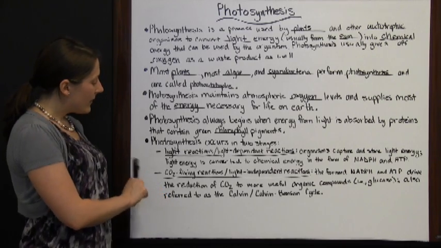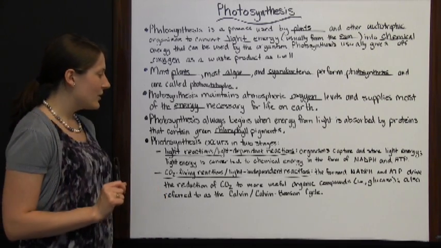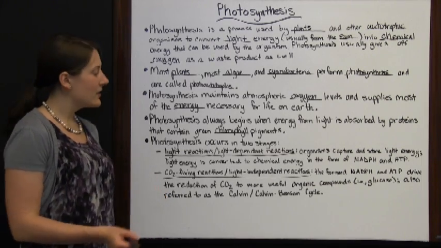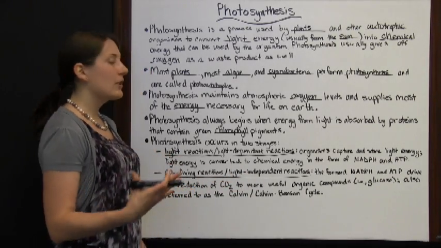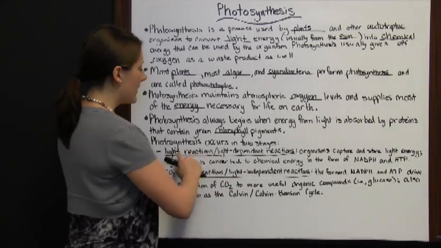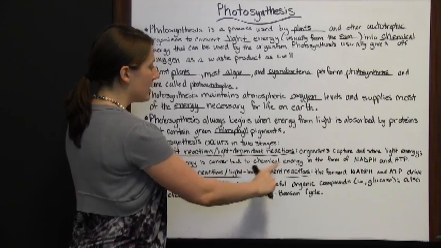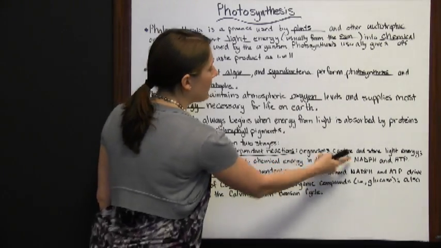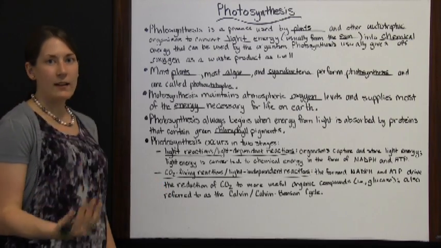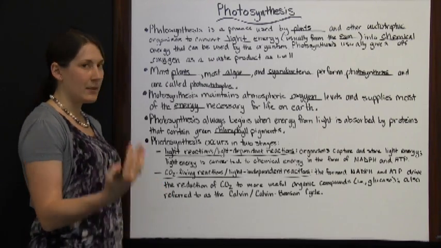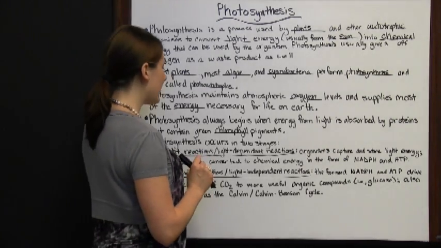In these carbon dioxide fixing reactions or light-independent reactions, these are ones that can happen even whenever light isn't present, as long as there was some energy harnessed in that plant already. So these don't have to happen while there is light present supplying energy. They can happen later.